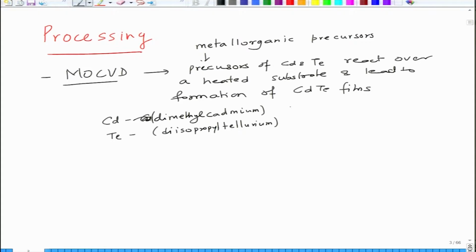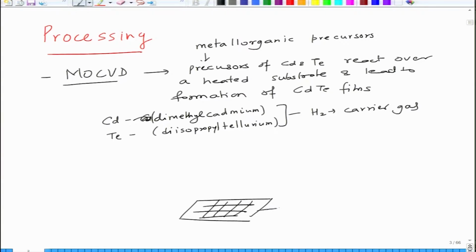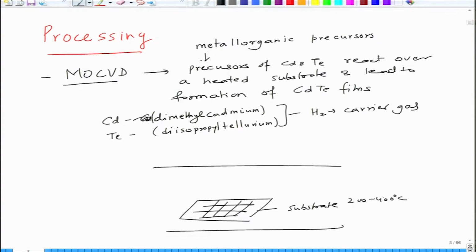These are put into a carrier gas, hydrogen. Essentially you have a substrate which is kept inside a chamber at a temperature of 200 to 400 degrees centigrade, and then the precursors arrive and react to give rise to the CdTe film, and the byproducts go out of the system.